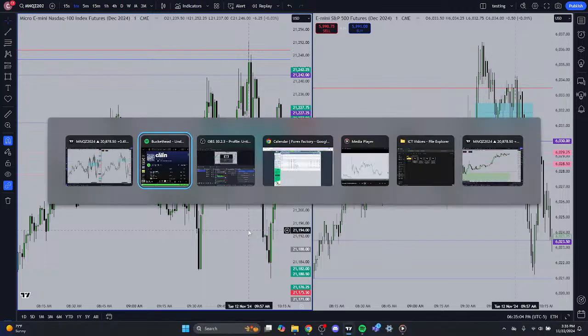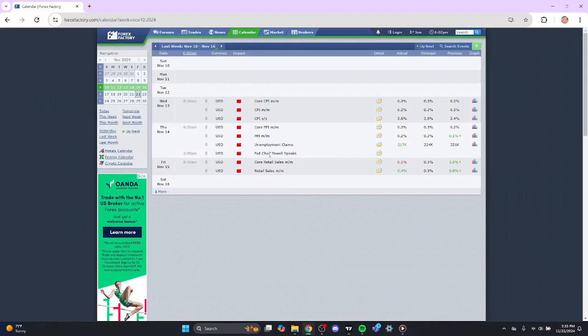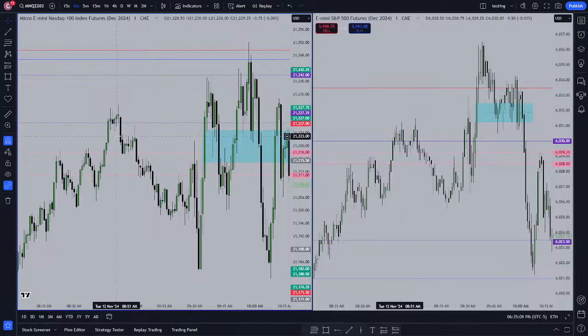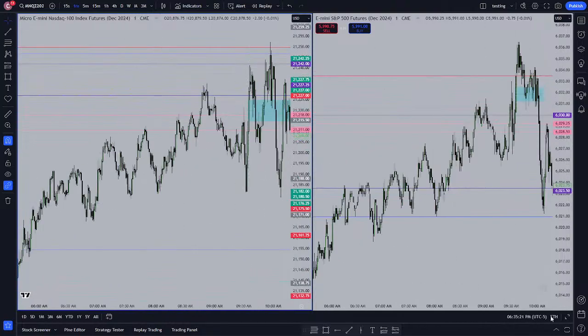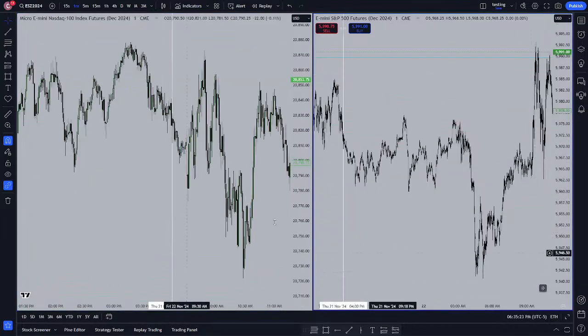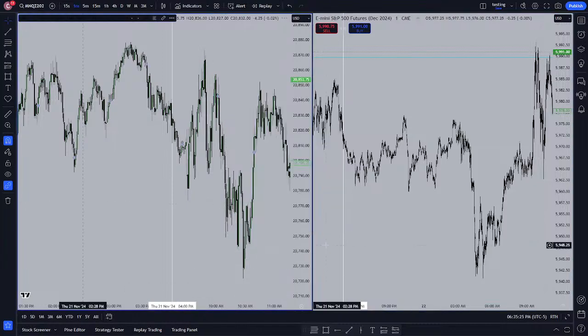9:30 comes. Let's check the economic calendar. Monday and Tuesday, we had nothing. So, given the very minimal, let's look at the regular trading hours for here.